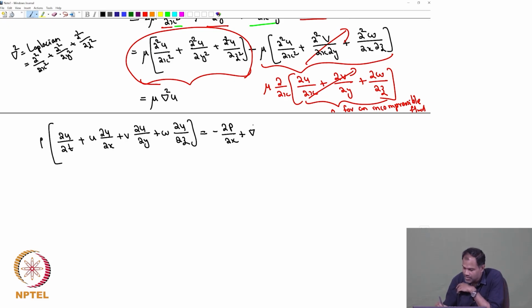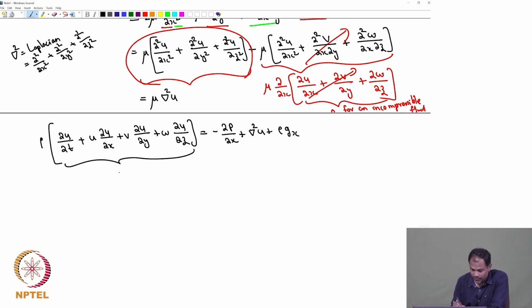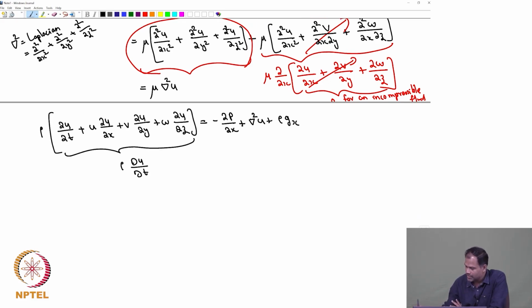So that's nothing but just μ∇²u plus ρg_x. Or if you like, you could also write your left hand side using your substantial derivative definition, which is ρ times Du/Dt. So that's one way to write it.